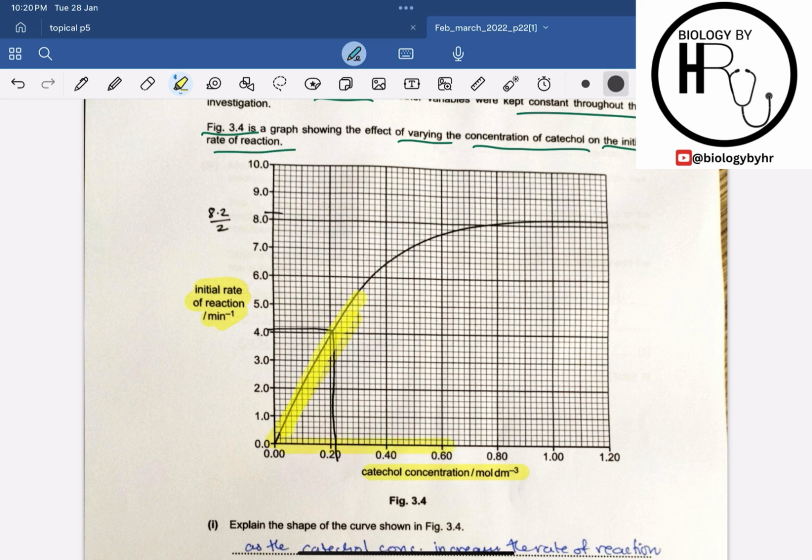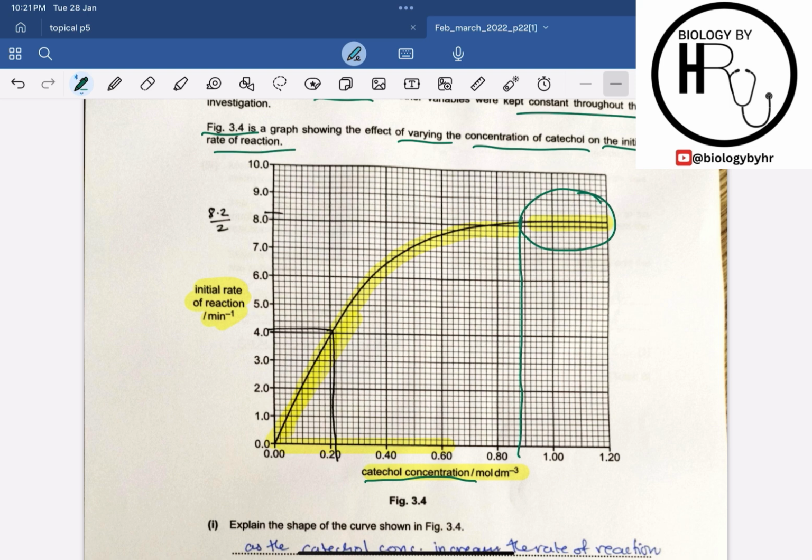the rate of reaction is also increasing initially, and then there is a point at which the graph starts to plateau, which means the graph starts to become flat. At this point, somewhat over here, catechol is no longer a limiting reagent, or it is no longer a limiting factor.